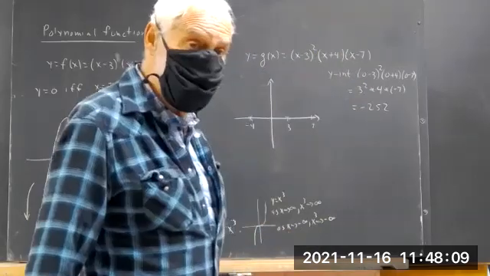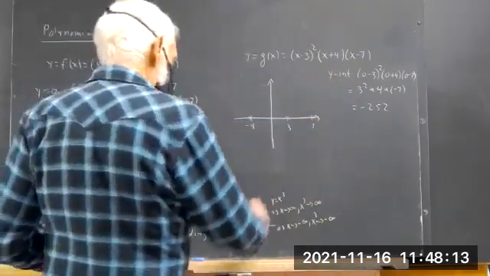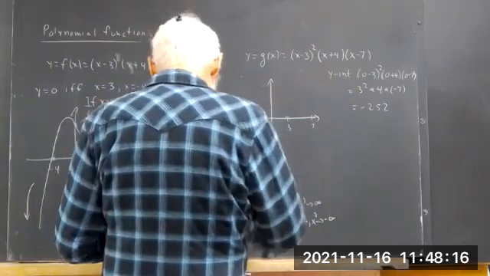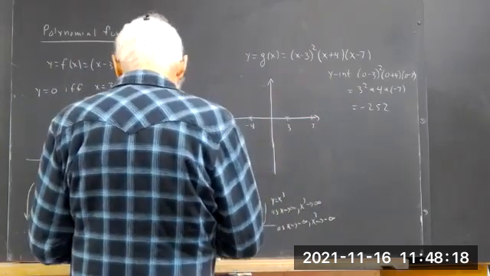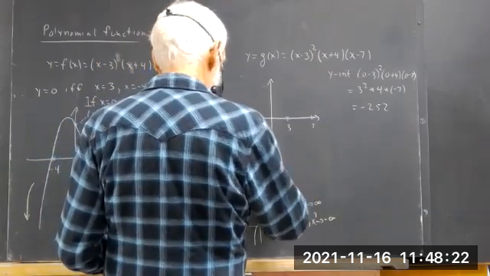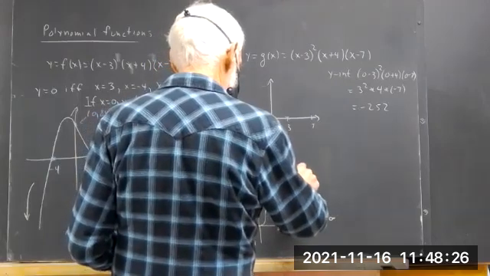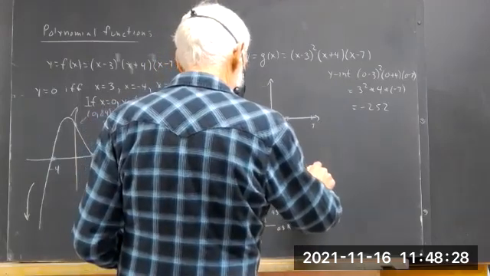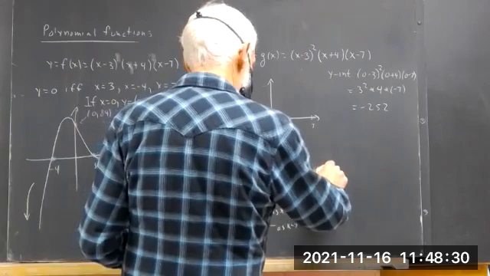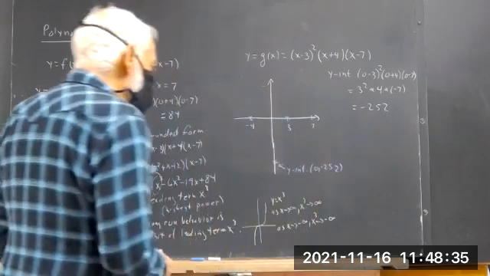That's going to give us a negative result, as you can see in the arithmetic. This changes the y-intercept. It's at 0, negative 252.